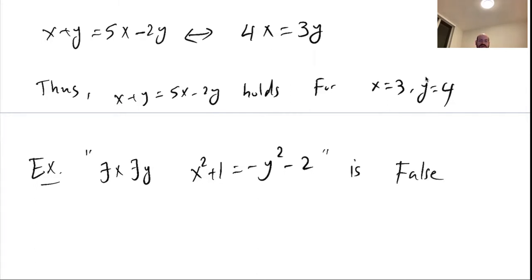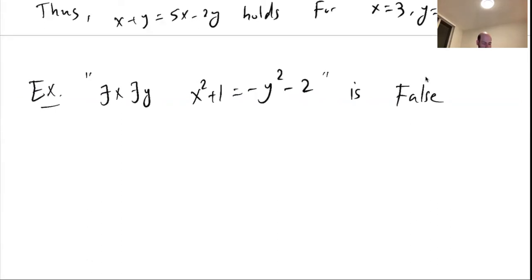I have to show that the statement p of x and y, in this case x squared plus 1 equals minus y squared minus 2, does not hold for any pair x and y. Well, that's very easy to show, because for any pair x and y that you consider, x squared plus 1 will be a positive number, minus y squared minus 2 will be a negative number, and a positive number can never be equal to a negative number.